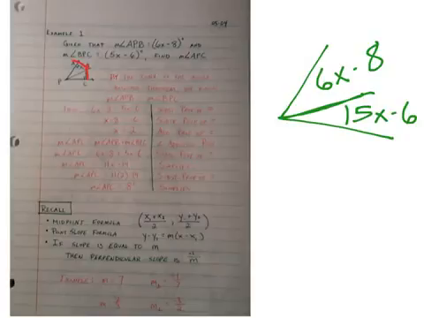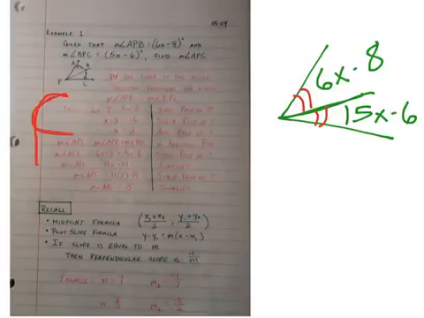So by the converse of the angle bisector theorem, we can conclude that these two angles are congruent. This knowledge allows us to set 6x minus 8 equal to 5x minus 6. From there we can go about solving and finding out what x is.